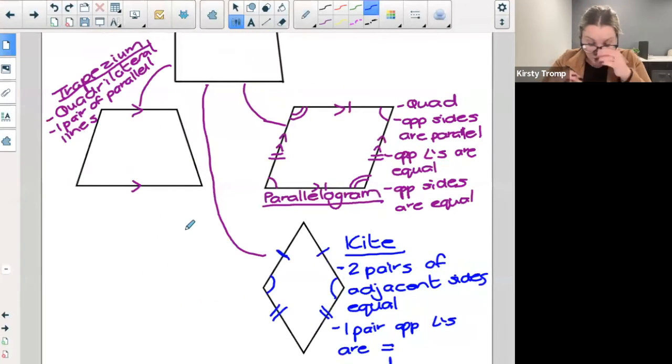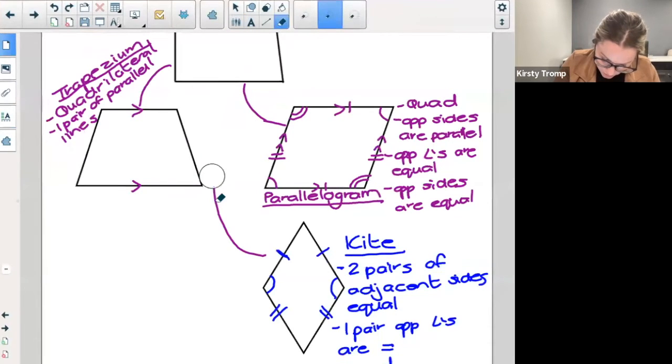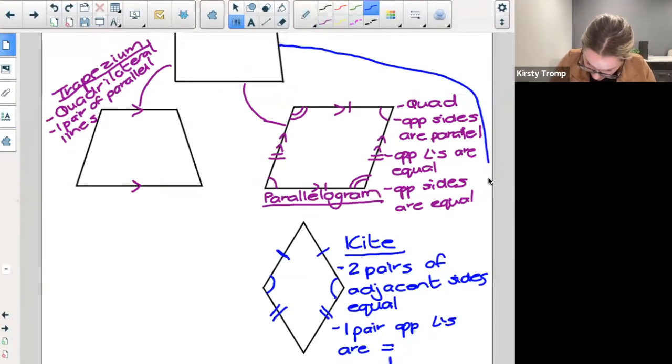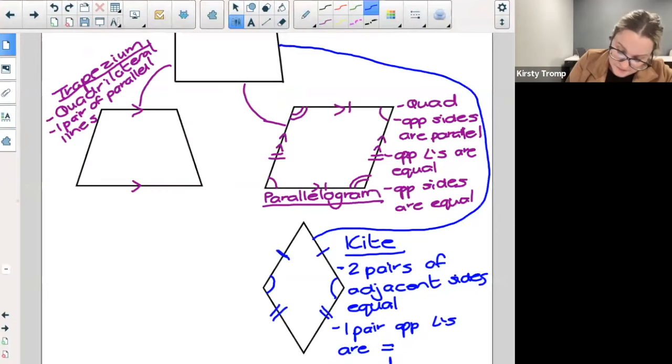I'm going to draw this a little bit nicer so that you can get your notes a bit better. I want to take this line, and I'm going to go from there to the kite.